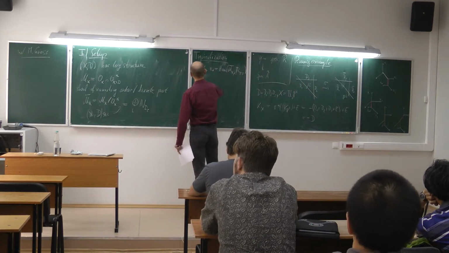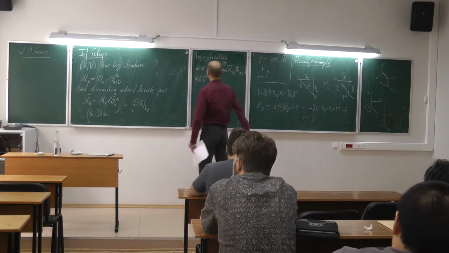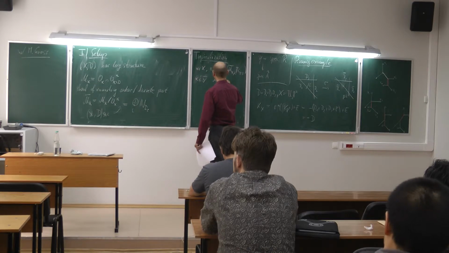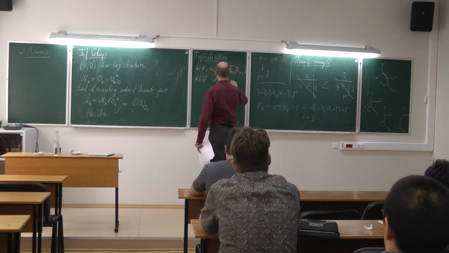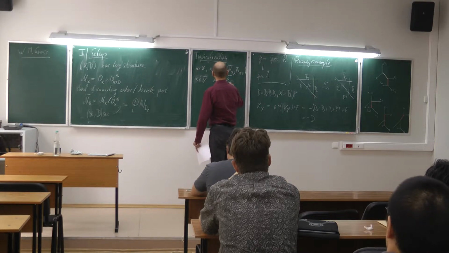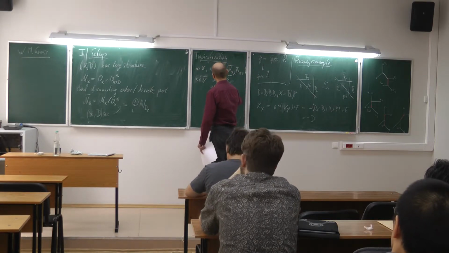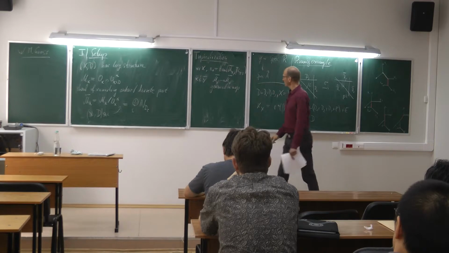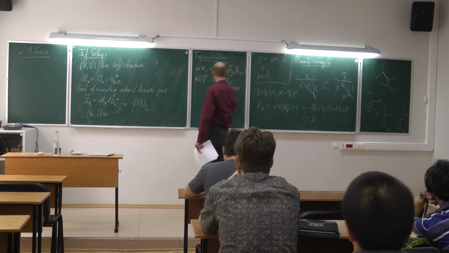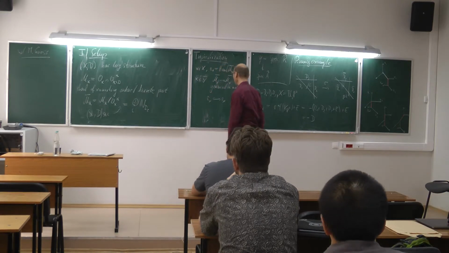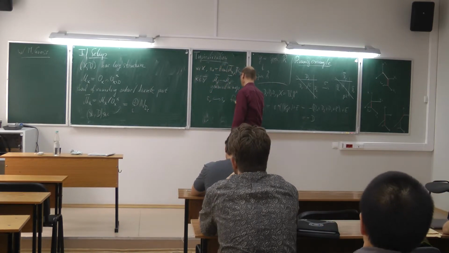If x is in the closure of y, then we have a generalization map, M_x to M_y, and that's surjective. And then you get an inclusion, sigma y into sigma x, that turns out to be an inclusion of a face. A face inclusion.